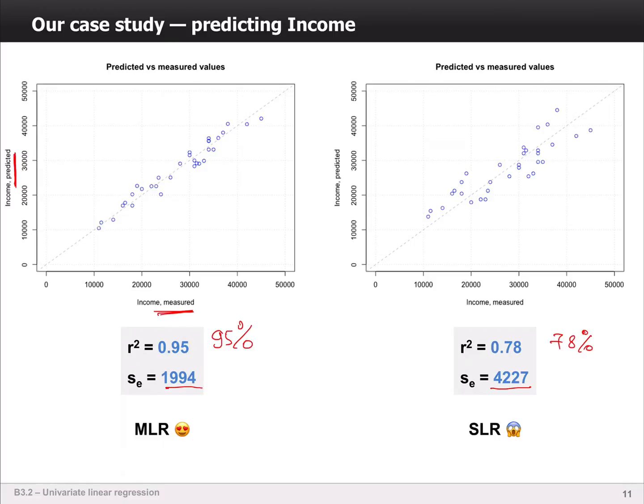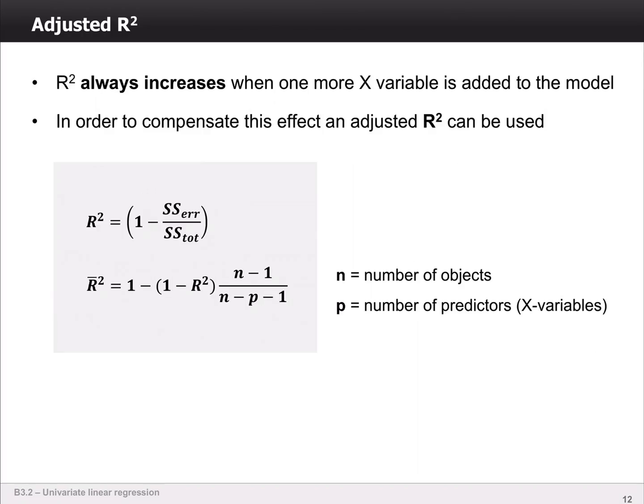So if you believe that your response value depends on more than one factor, and that's usually how it is in nature, it's a good idea to take all of them into account, and then you can increase the quality of your model.